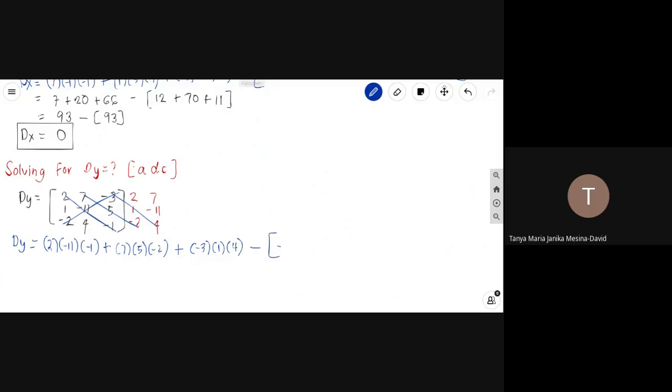First diagonal, negative 2 times negative 11 times negative 3, plus the second one, 4 times 5 times 2, plus negative 1 times 1 times 7, and then close bracket.